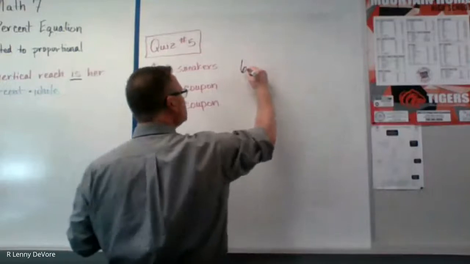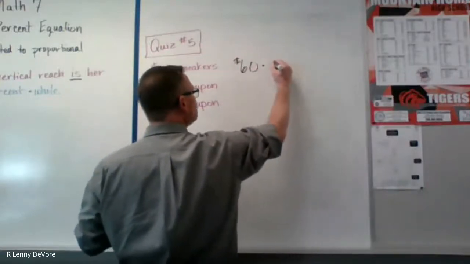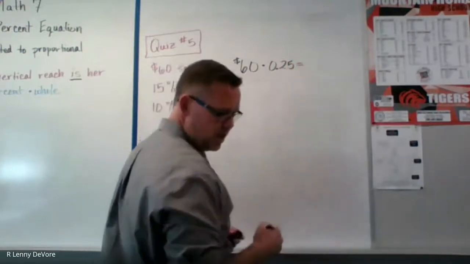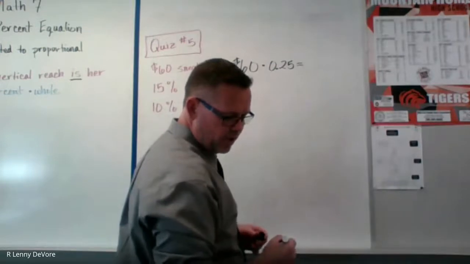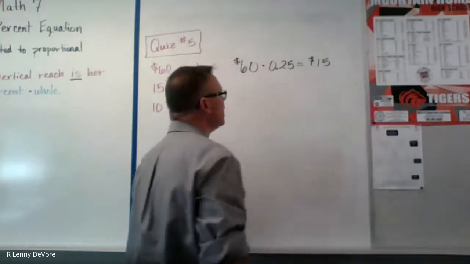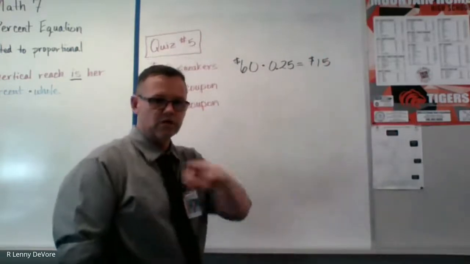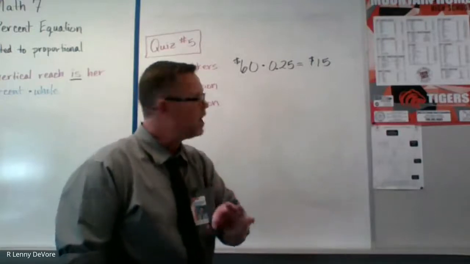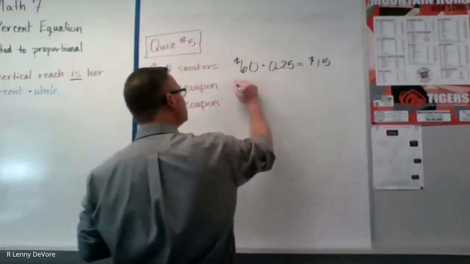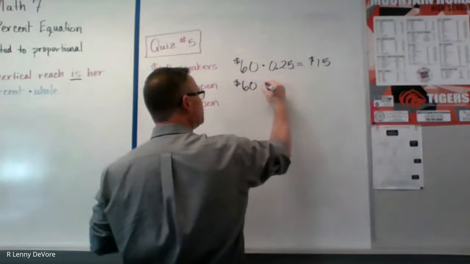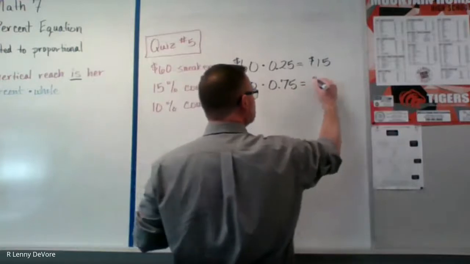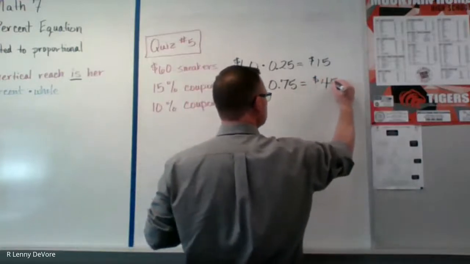If we did that, in other words, if I added this to 25%, so if I went $60 multiplied by 0.25, 25%, right? Then I'm going to end up with $15 off. Now, the interesting part of this, and this is for those of you who want to learn a little bit more, if I want to know what the actual cost is, instead I could take the $60 and multiply it by 0.75, the 75%, and I would actually get the amount that the sneaker should cost, which is $45.